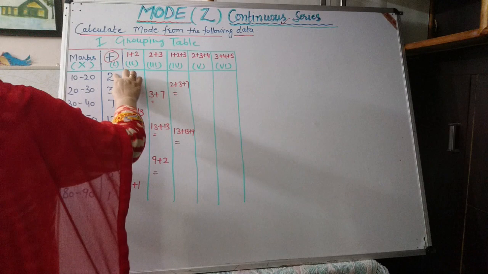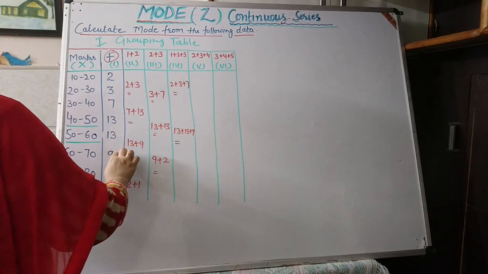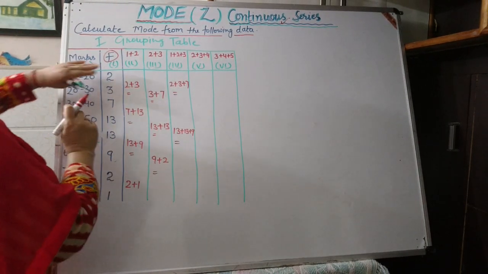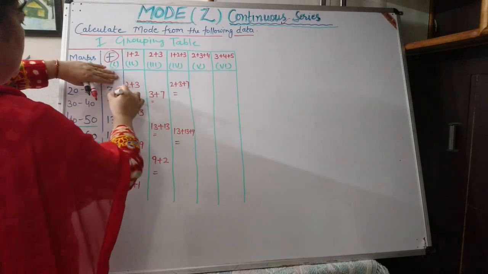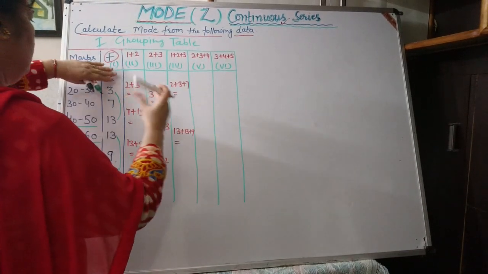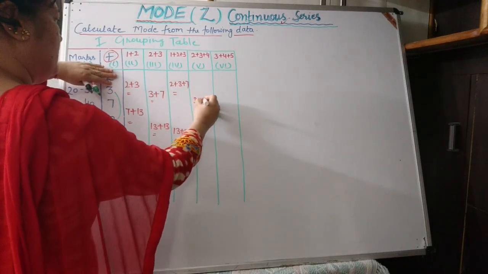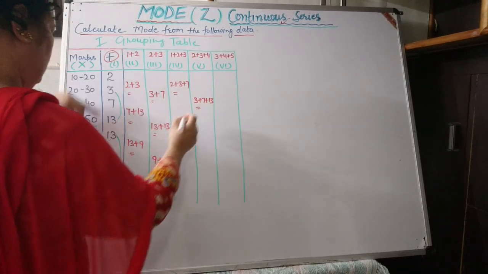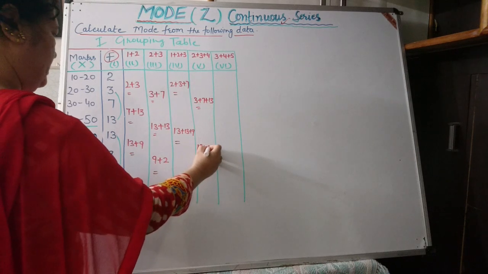And in our fifth column, we will skip the first frequency and group another 3: 3 plus 7 plus 13, then 13 plus 9 plus 2.